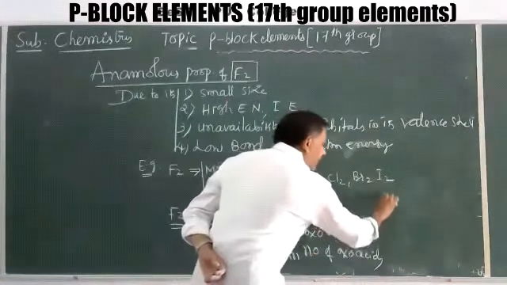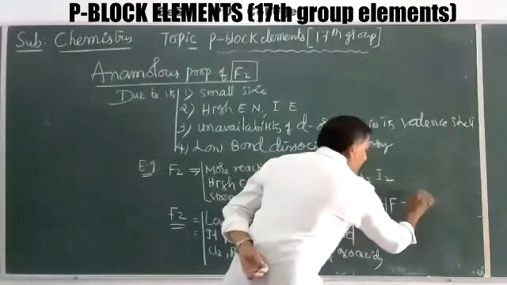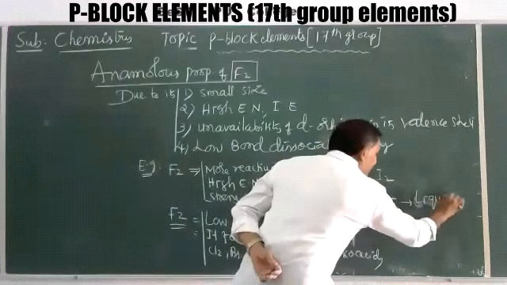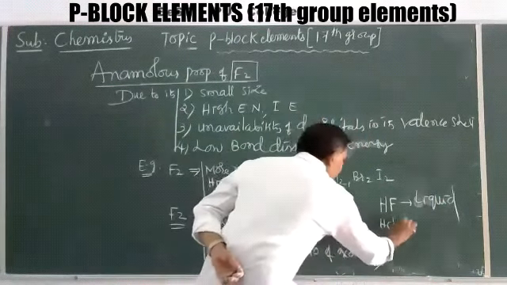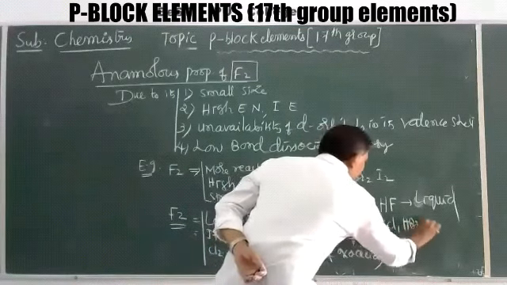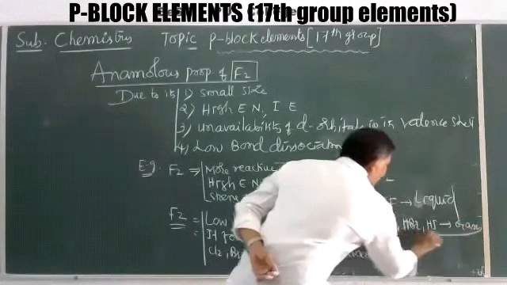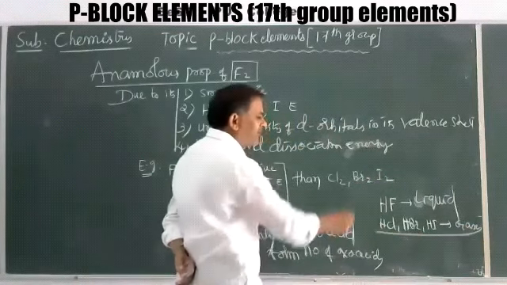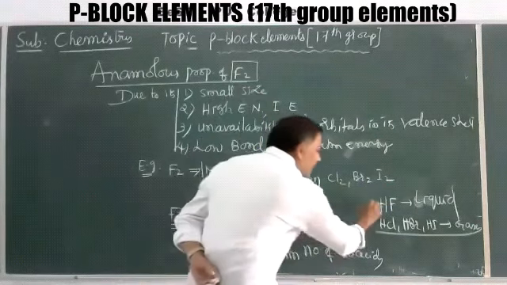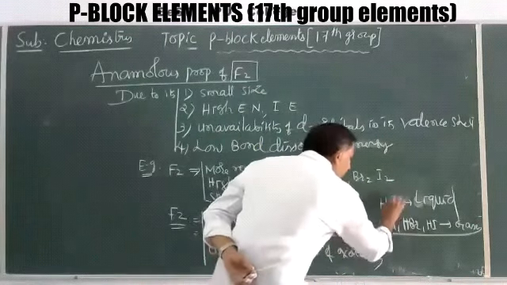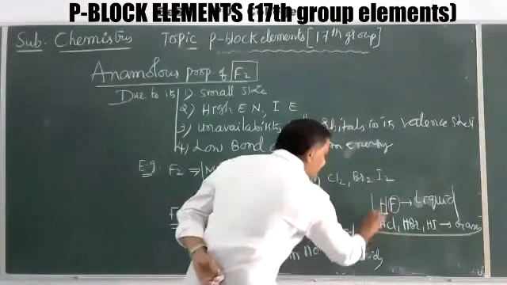Now HF is a liquid in nature at room temperature, whereas HCl, HBr and HI are gaseous at room temperature. When fluorine combines with hydrogen, it forms HF like HCl, HBr, HI. Why the difference between these two?